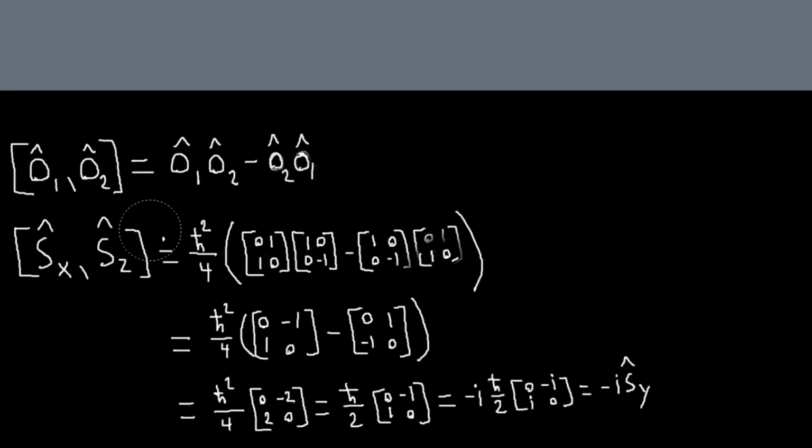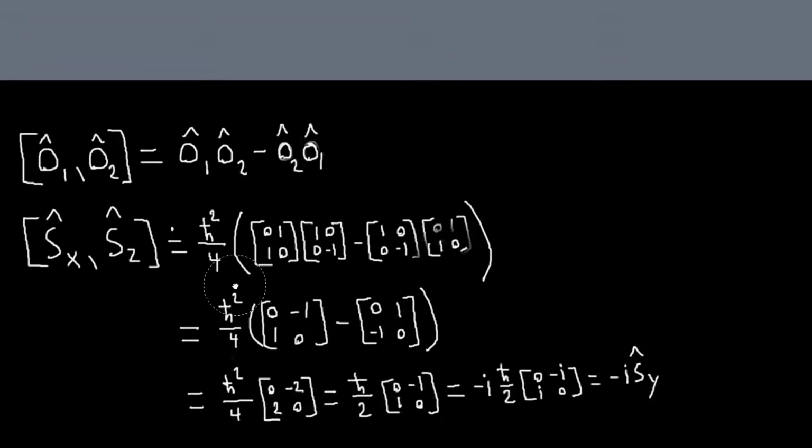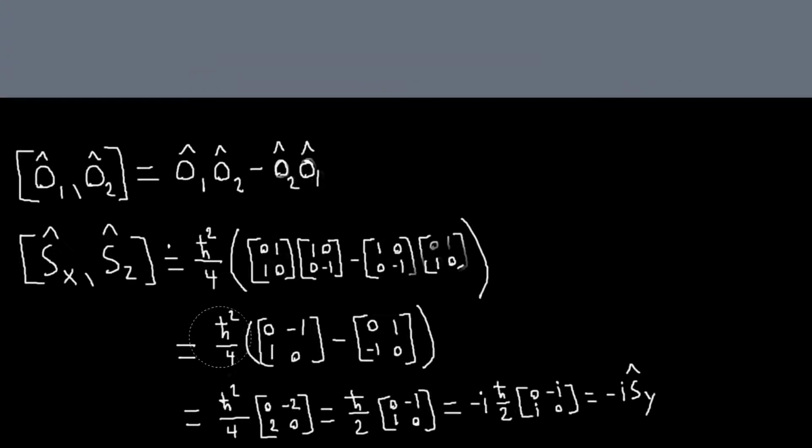That's related to the fact that these operators don't commute. Obviously, if they commute, then it doesn't matter what order you apply the operators. So acting O1 and then O2 would be the same as acting O2 and then O1.